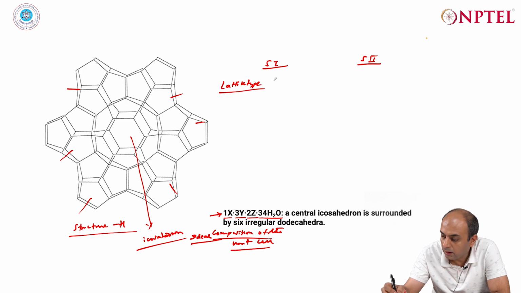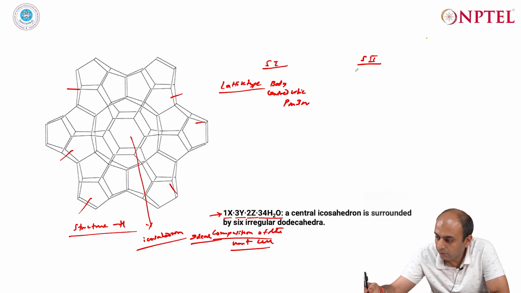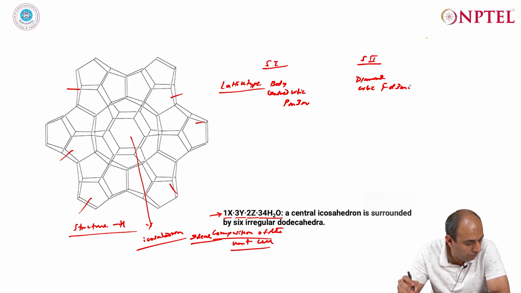It is the body centered cubic, Pm3n, for S1, and S2 is the diamond cubic structure, which is the face centered cubic. Fd3m is the space group.